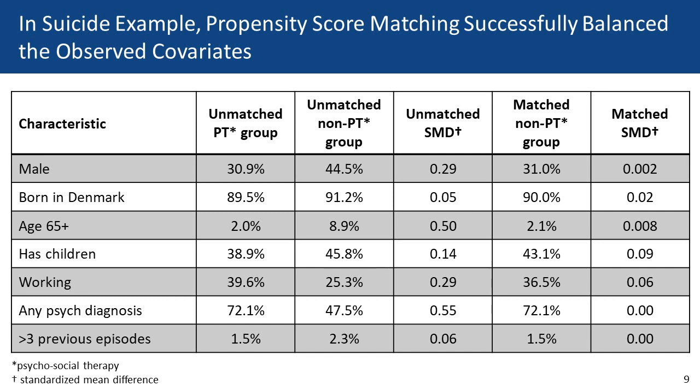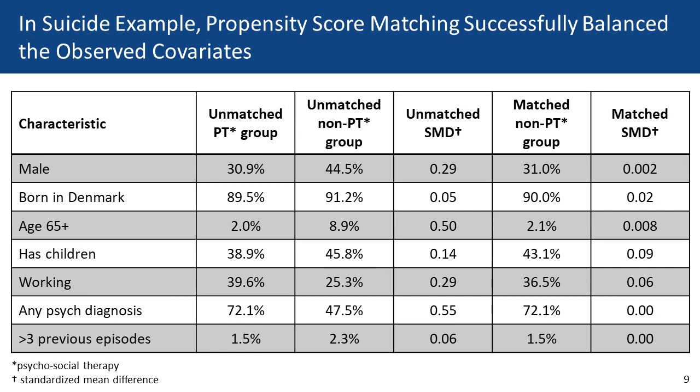After propensity score matching is what we see in the final two columns, where the treatment group numbers stay the same because we haven't changed the treatment group at all. The non-PT group, the non-psychosocial therapy group, values look much more similar to the psychosocial therapy group in that first column. For our age 65 plus variable, instead of the 9% we saw originally in the comparison group, the subset that we've chosen as matches has an age 65 plus rate of 2.1%, which is very close to the 2%. Just to make sure this is clear, the matched non-PT group are the 18,000 comparison people that we've selected as matches.